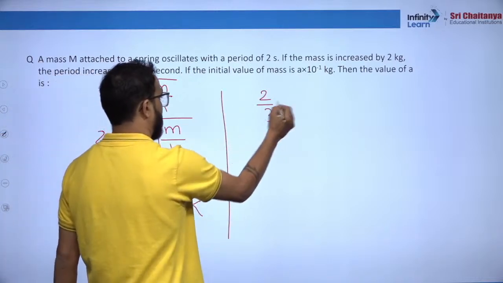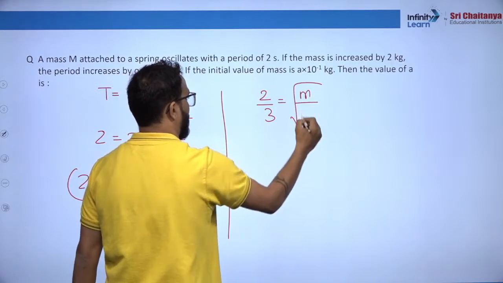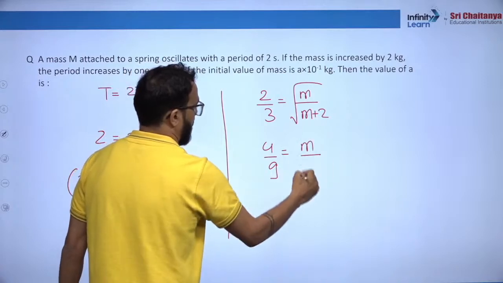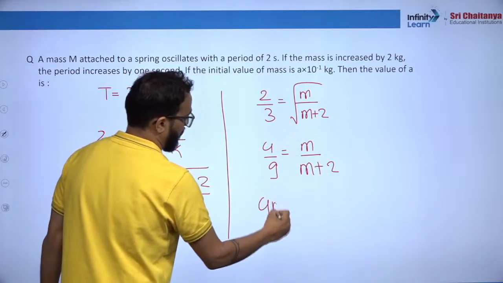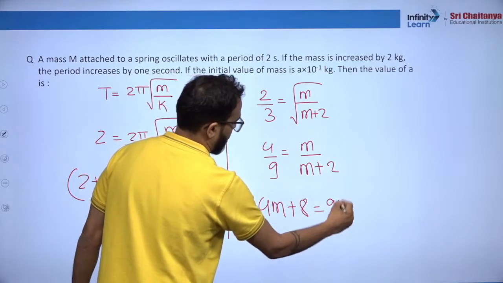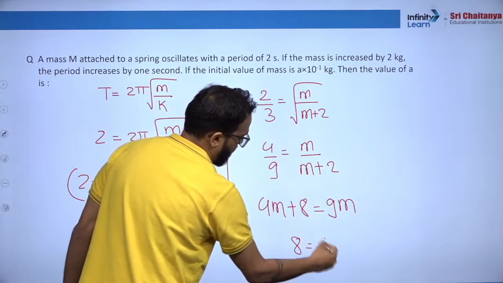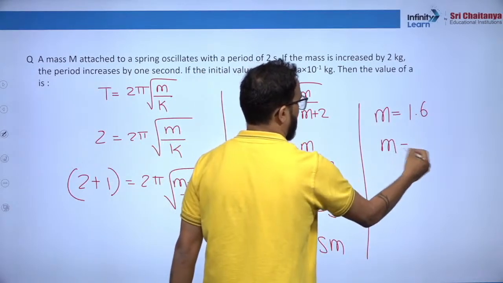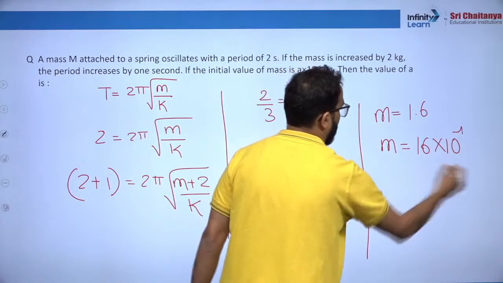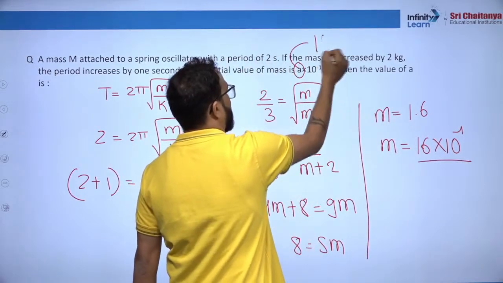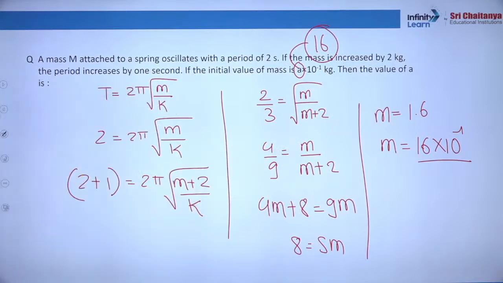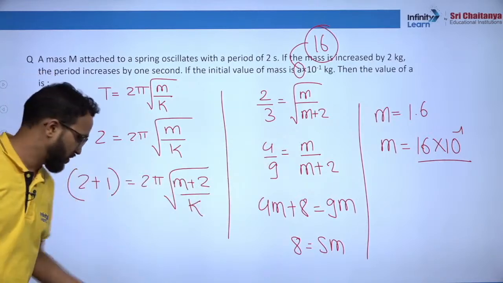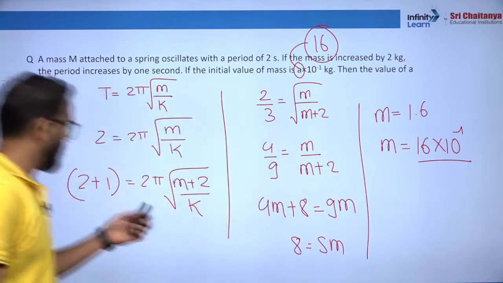So 2 by 3 is equal to root over m upon m plus 2, so 4 by 9 is m upon m plus 2, 4m plus 8 is equal to 9m. So 8 is equal to 5m, so m is equal to 1.6, or 16 into 10 to the power minus 1. So here a will be 16. Did you understand this? Very simple solution. That's all. Okay, let's move on to the next question.